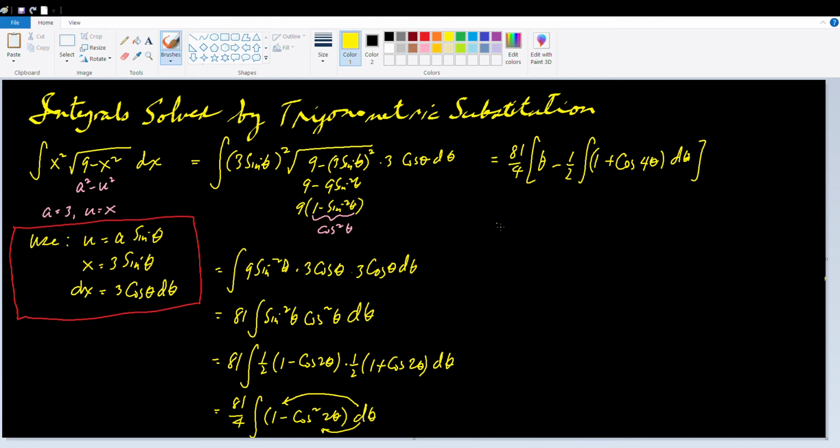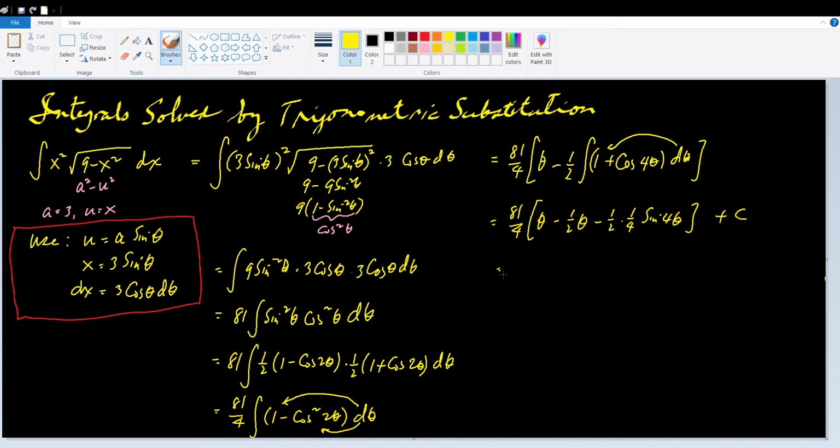Okay, so that will be 81 over 4 theta minus 1/2 of d theta, that will be 1/2 theta, minus 1/2, and the integral of cosine 4 theta is 1 over 4 sine 4 theta.